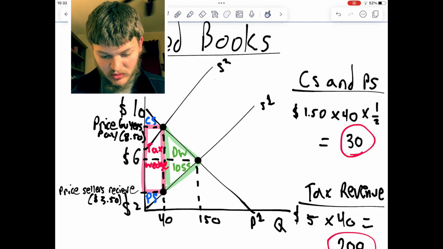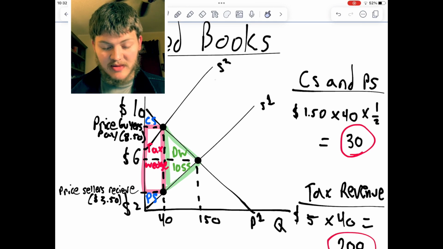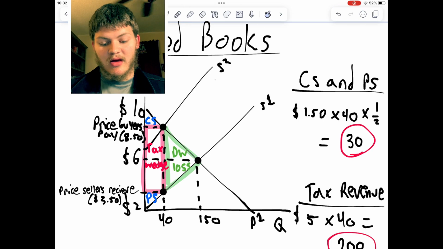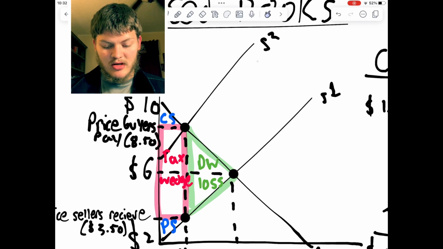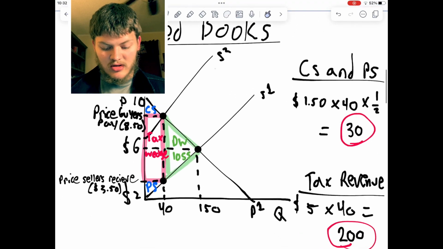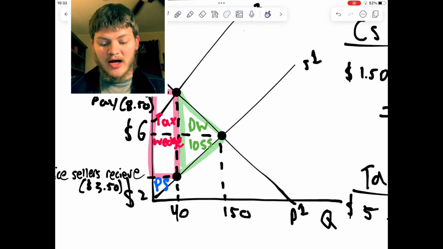so the consumer surplus is now the area above the price buyers pay and below the equilibrium, which is just this little triangle right here, not very big, labeled CS in blue. The producer surplus, actually not likewise, it's opposite.